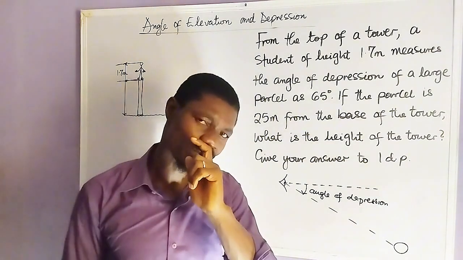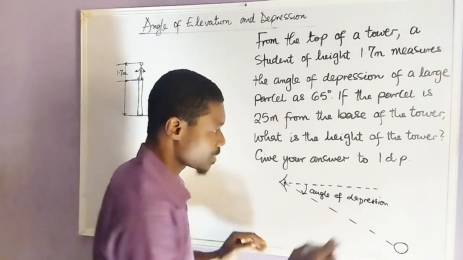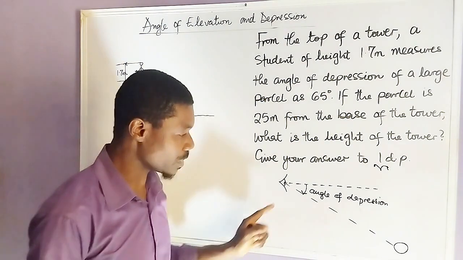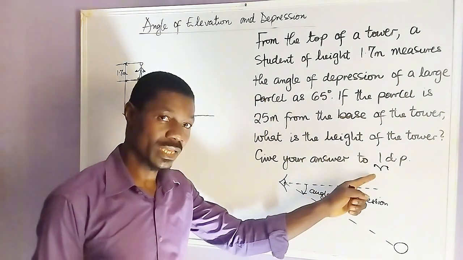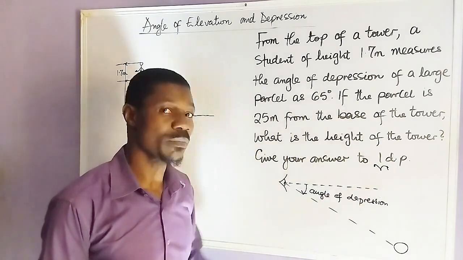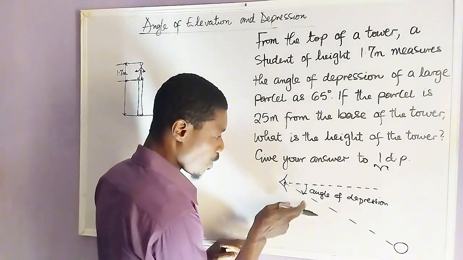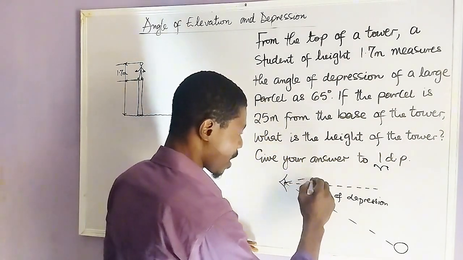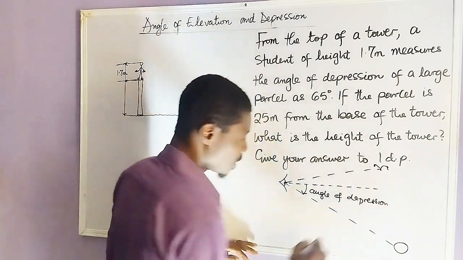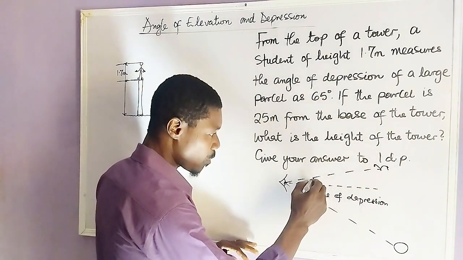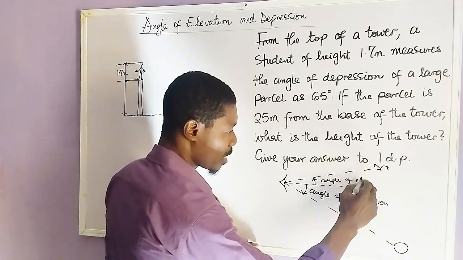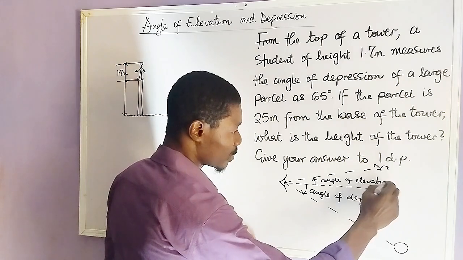Now what if there is a bird flying, let's say here, and you want to view the bird? You also come back here from this horizontal line and have a view of the bird. So from this horizontal line up here is what we call the angle of elevation.